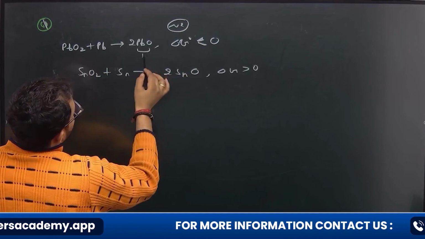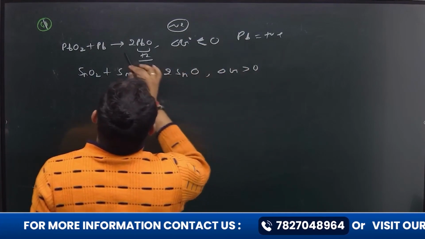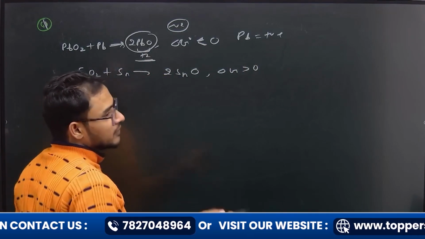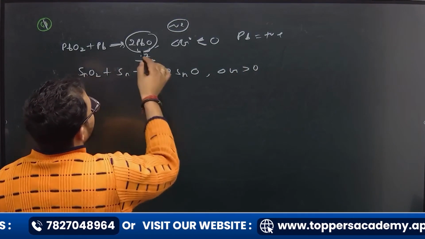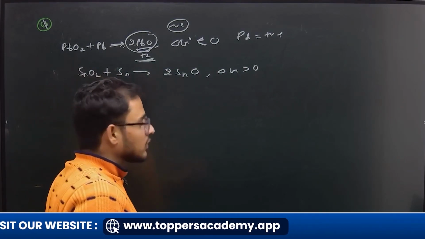In the forward direction there is PbO, and in PbO the oxidation state of Pb is +2. So delta G is negative, so it will be favorable in the forward direction, that means PbO, that means +2 is favorable for Pb.